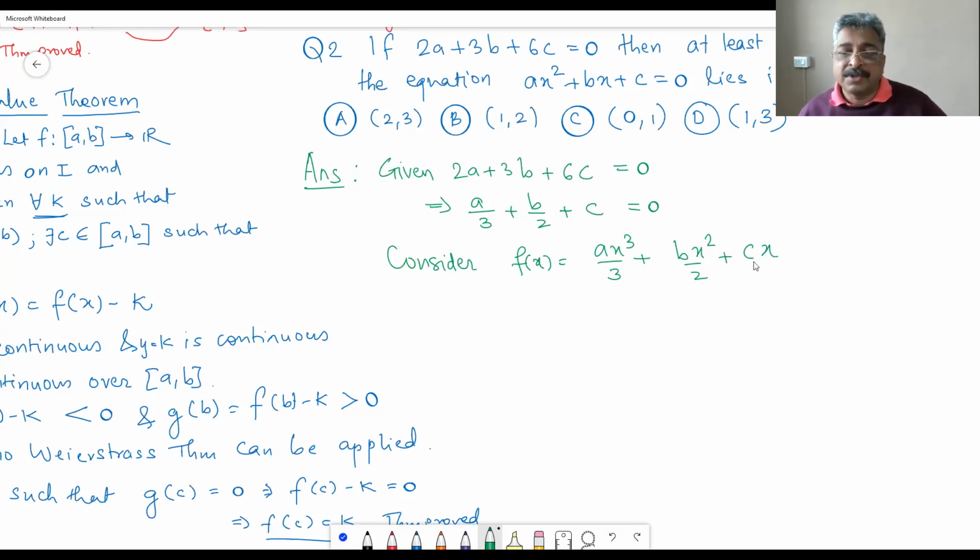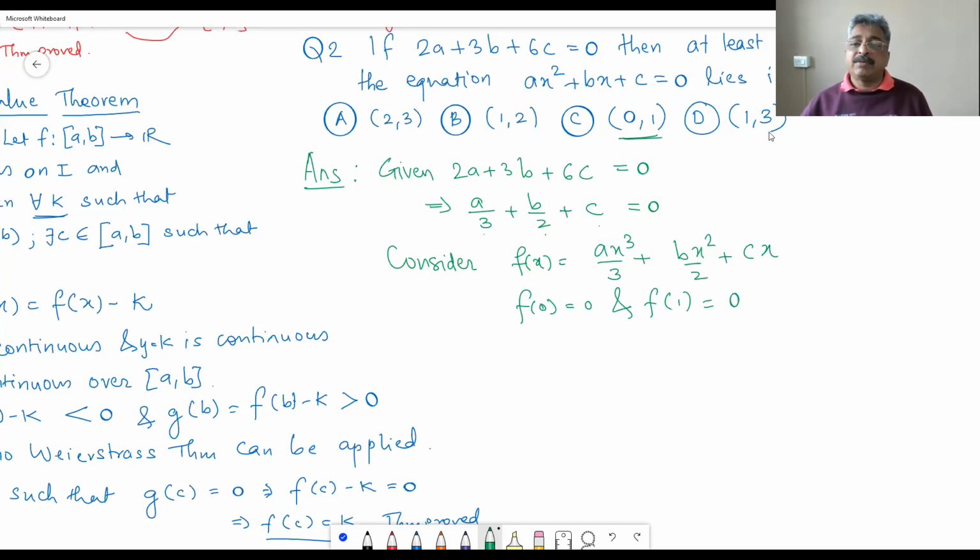Now why should we consider this function? Because we have got this relationship with us, and there is a possibility that by putting some values of x into it, we end up getting 0. It is very obvious that if we put these two extreme values 0 and 1 in this equation, f of 0 is 0 and f of 1 is also 0.